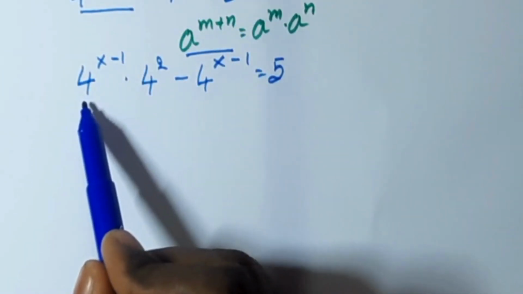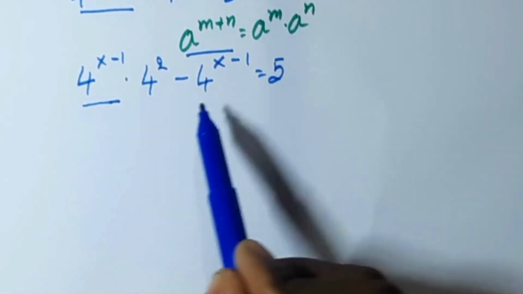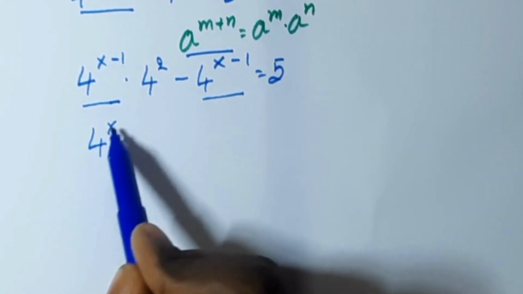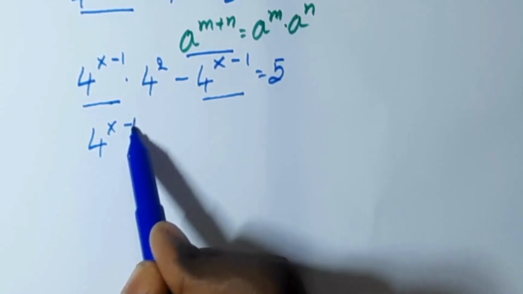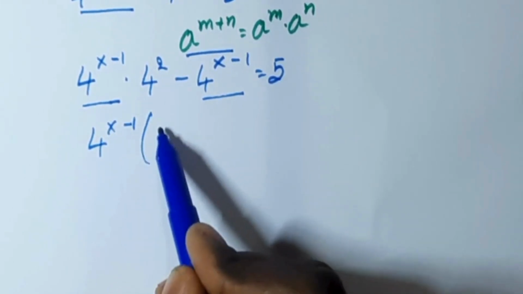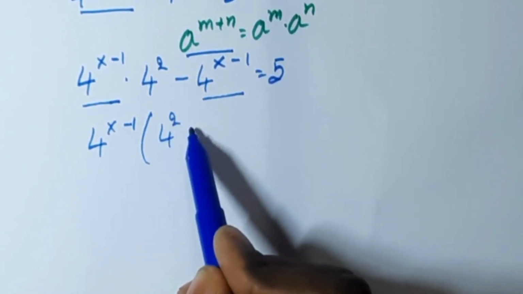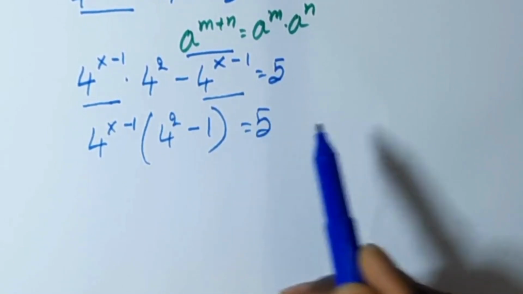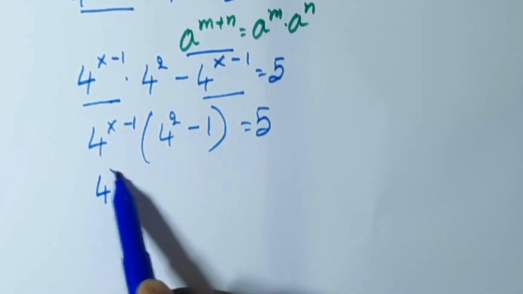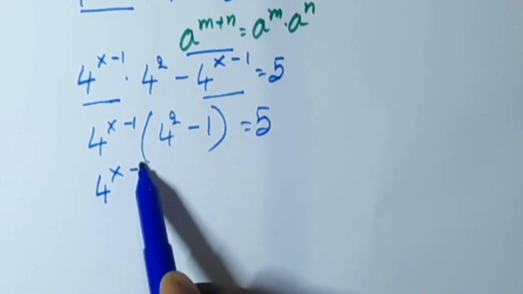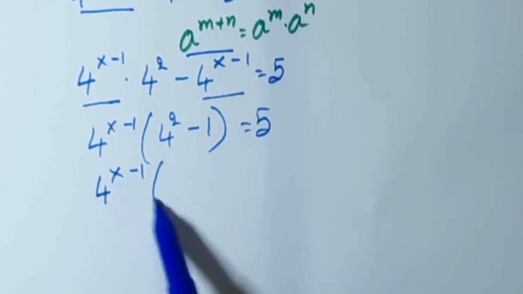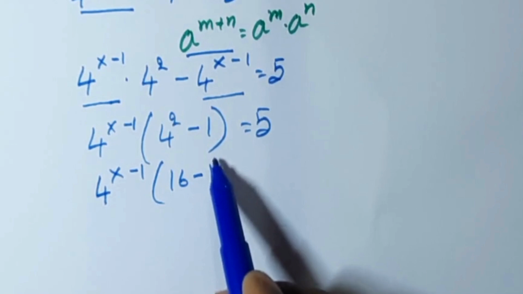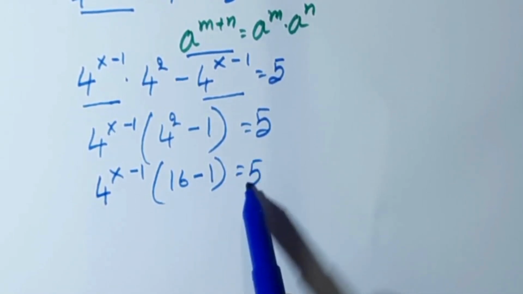We are going to take common factor of 4 power x minus 1. 4 power x minus 1 into (4 square minus 1) equal to 5. 4 power x minus 1, 4 square is 16, minus 1 equal to 5.